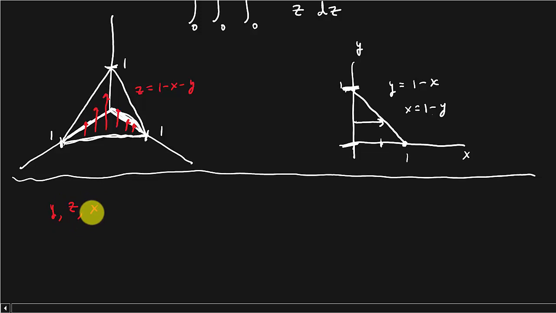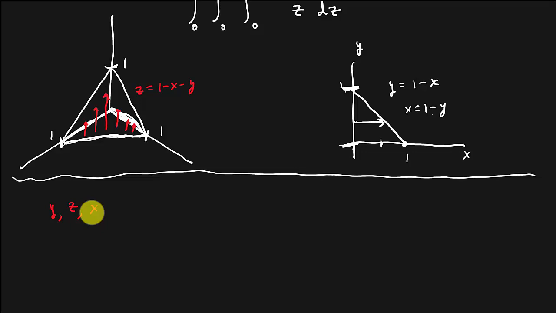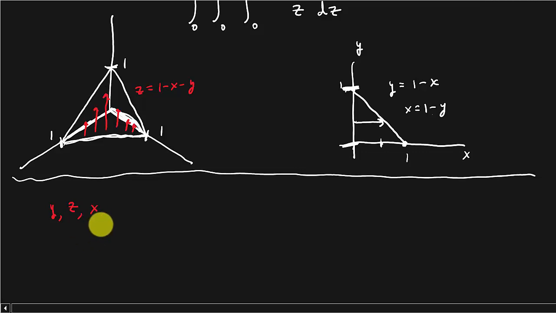So we did with respect to z first, and then y, and then x, and then z, x, y. Now let's set up with respect to y first, and then z, x, and then we'll do y, x, z. And then we'll do the x with each of them swapped.